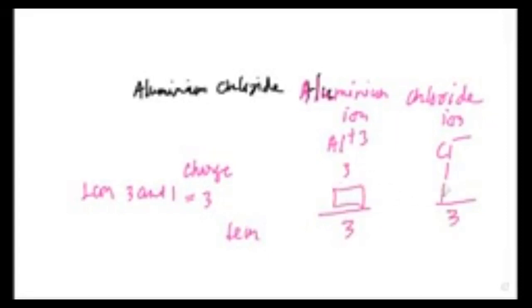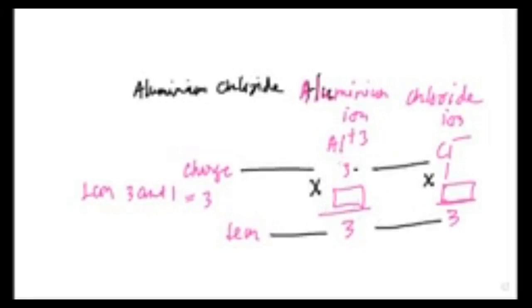Let us make a box here, and then we will write there the numbers by which we multiply this charge so that we get the LCM. So 3 multiplied by what so that we can get 3? The answer is 1. 1 multiplied by 3 so that we get 3.